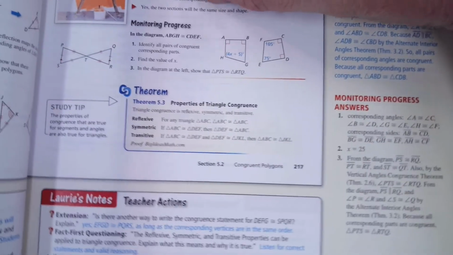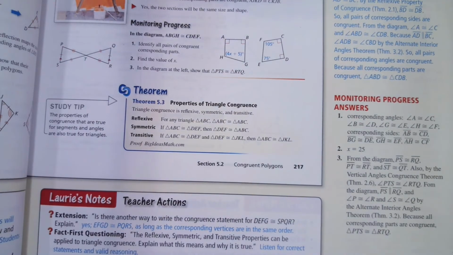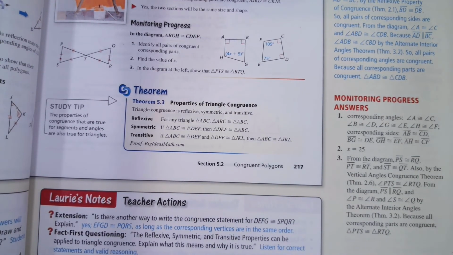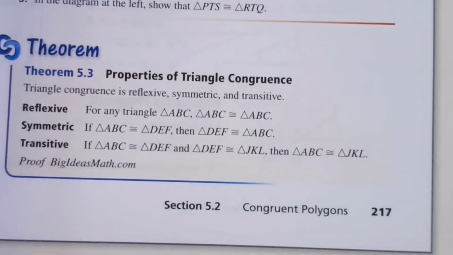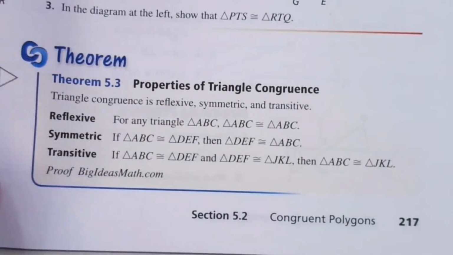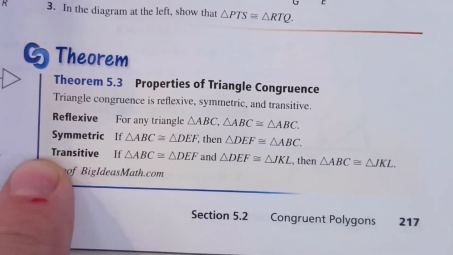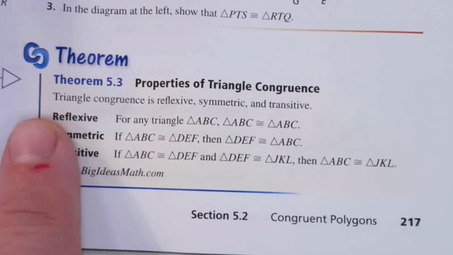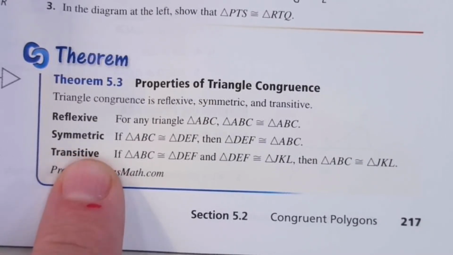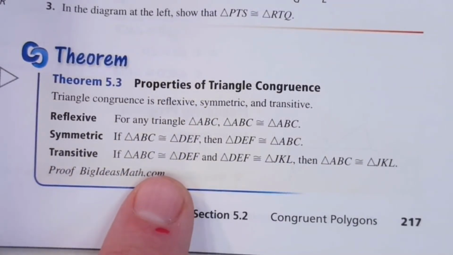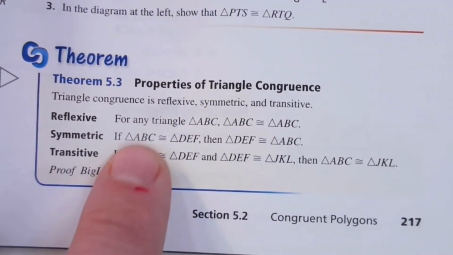I also want you to point out some properties. We don't have to rewrite them. But I do need you to know them because we're going to potentially use them. And so you might want to write theorem 5.3 in your book. It says reflexive, symmetric, and transitive. This means we can use those properties we've already learned with triangles. So someone did the proof that says it works, and a lot of them just make sense.